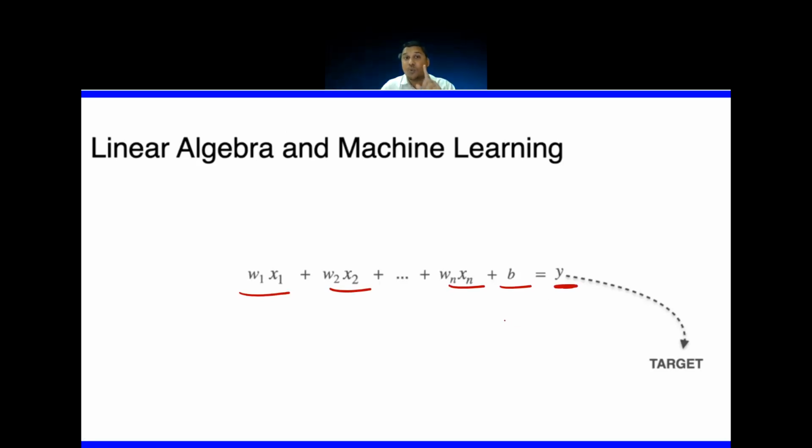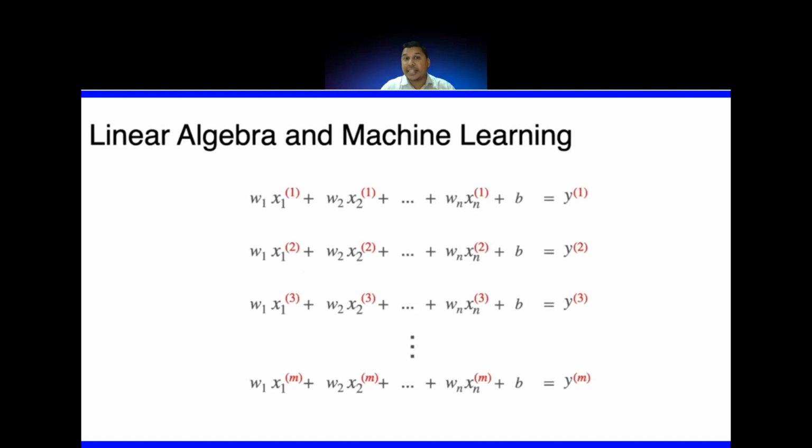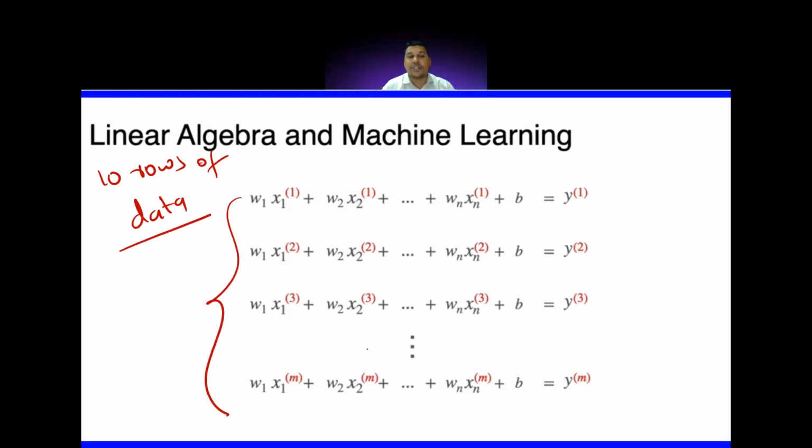This is about one data, but my data set is not single. I have a huge data set. Assume I have 10 rows of data. In such a case, I will have 10 such equations.